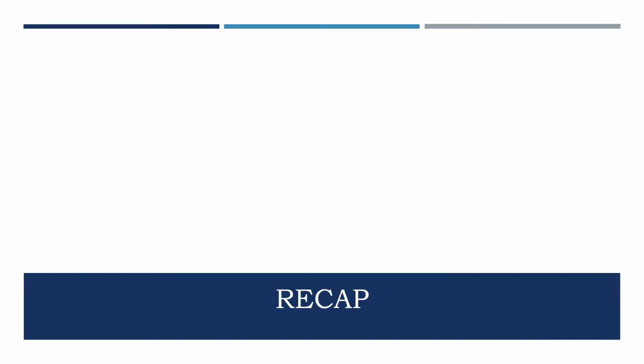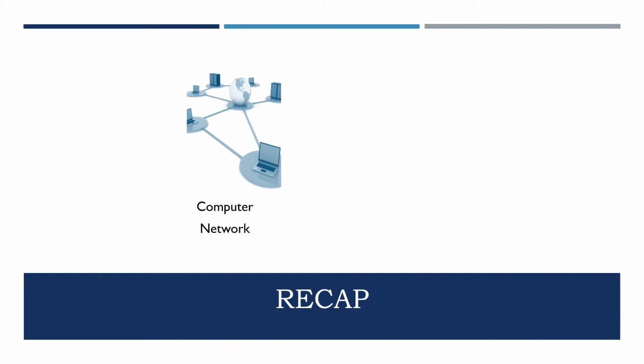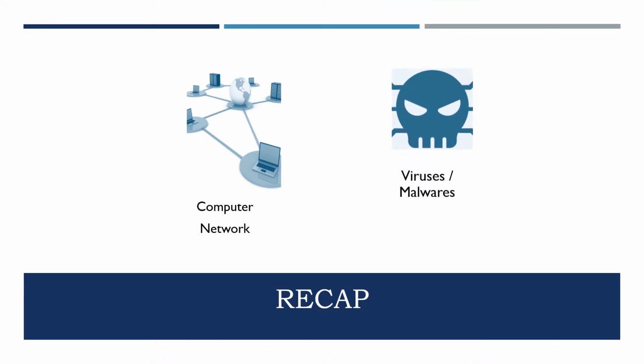Let's do a recap. A computer network is a collection of complex machines and software that communicate simultaneously, performing trillions of calculations and using hundreds of parts and wires. The computer network is also always under constant assault from the processing needs of applications, unwanted viruses and spyware, and their own users.